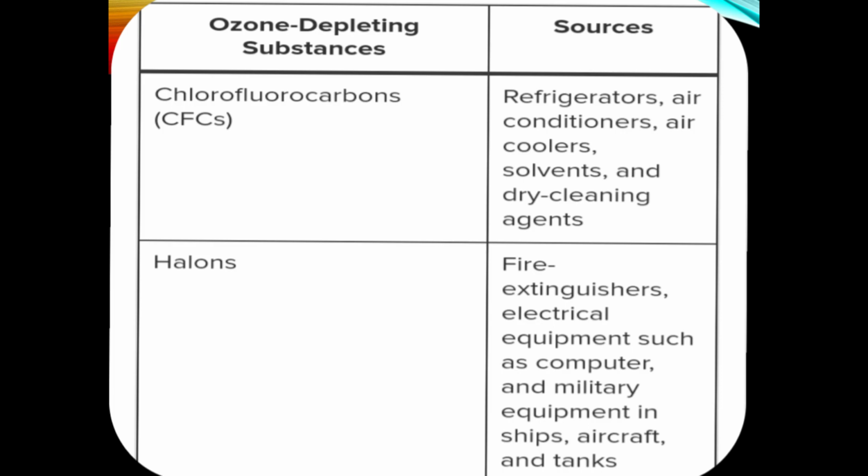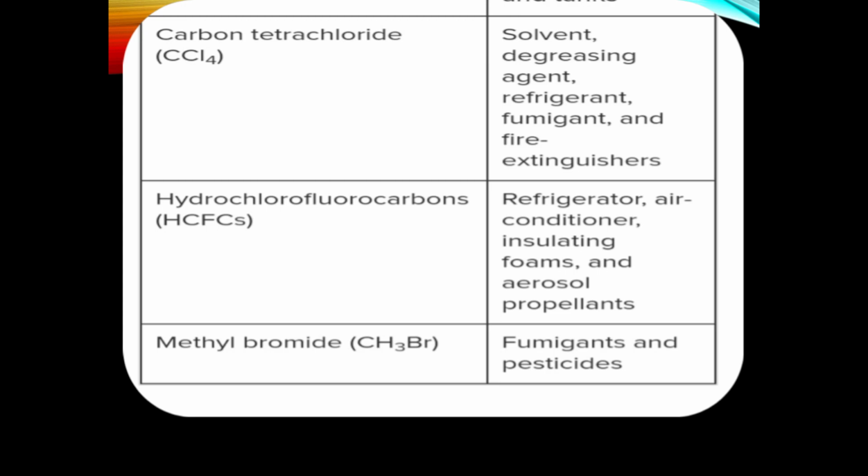What are the major sources of halons? Some of our fire extinguishers contain this. Even some electrical equipment such as computers, and military equipment in ships, aircraft, and tanks. These are also sources of halons. Another substance is carbon tetrachloride.